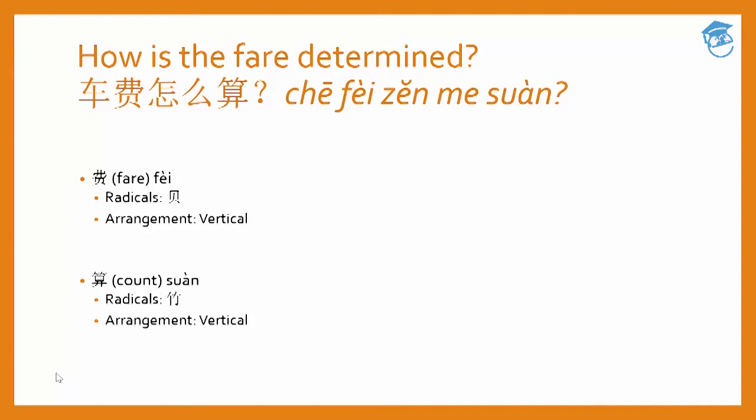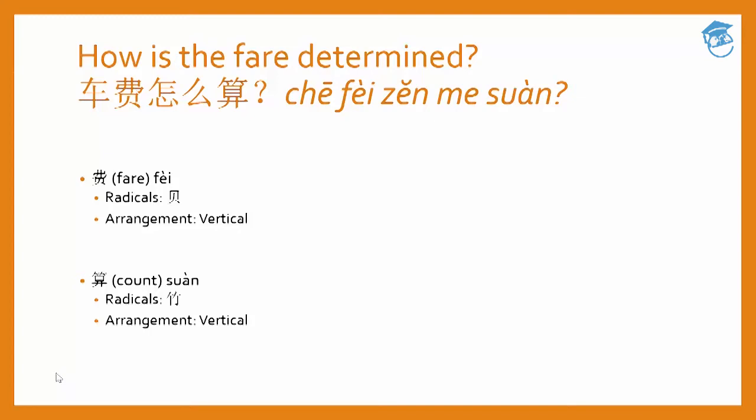But in Mandarin, we say 算 as you are counting numbers, as you are determining the fare. So 怎么 is how. It is placed in front of the verb to ask how you count the fare.